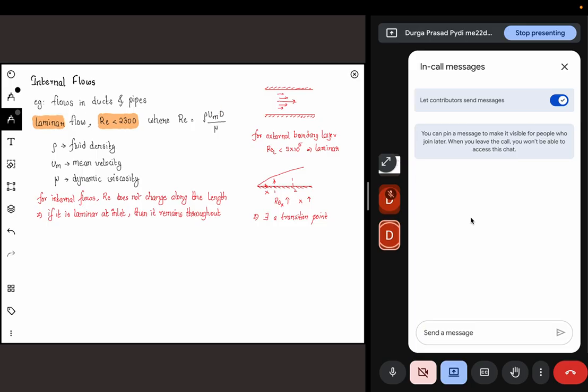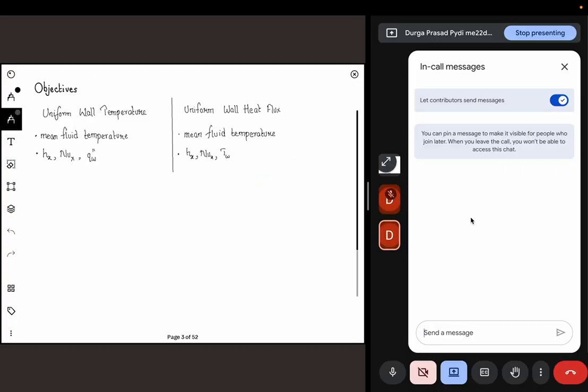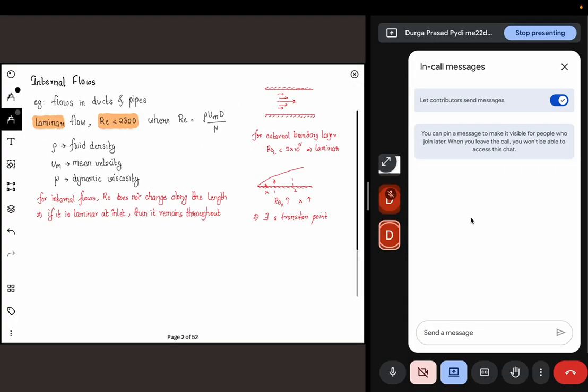Now obviously this is assuming that the mean velocity is also constant, which we will discuss in the next slide, where you introduce the concept of a fully developed flow. A fully developed flow is one where your velocity will not keep changing beyond a particular point. So everywhere you'll have the same kind of cross section. At any x you take, the velocity profile will remain the same.